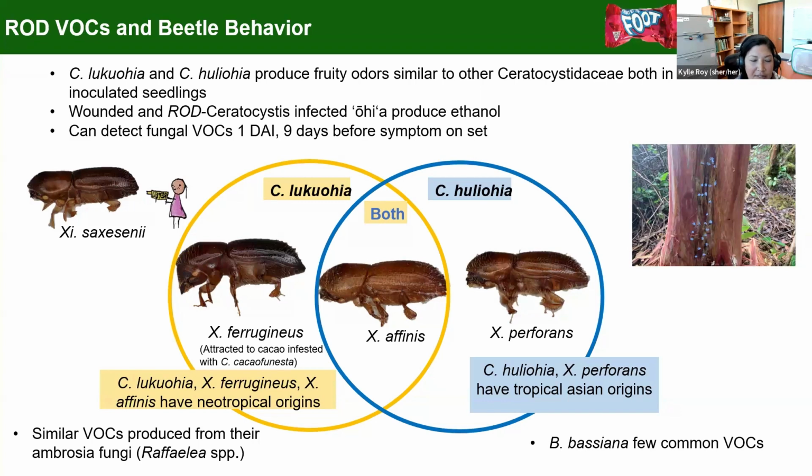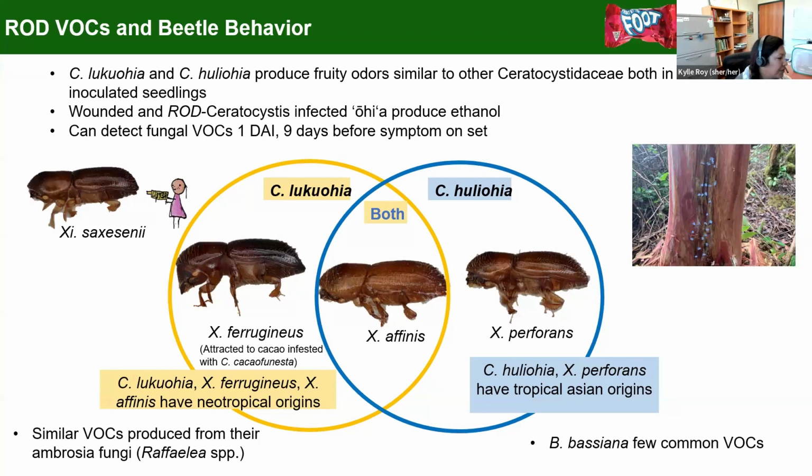And for Ceratocystis huliohia, we saw that Xyleborus affinis and Xyleborus perforans were both attracted to it, which is interesting, particularly for Xyleborus perforans, because both huliohia and perforans have tropical Asian origins.